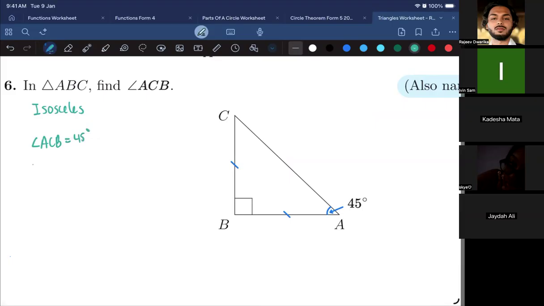Why? Because base angles in an isosceles triangle are equal.